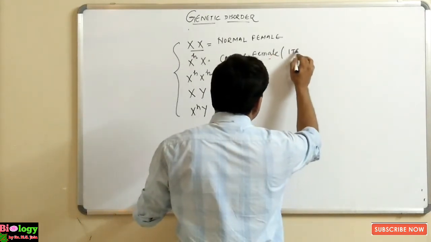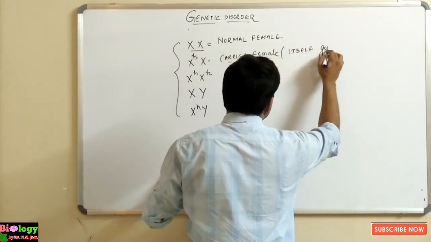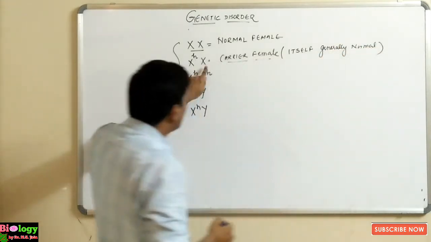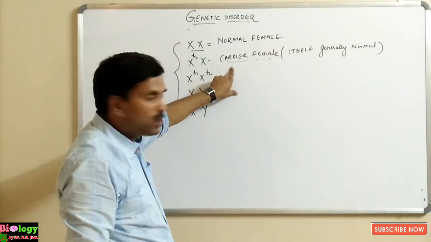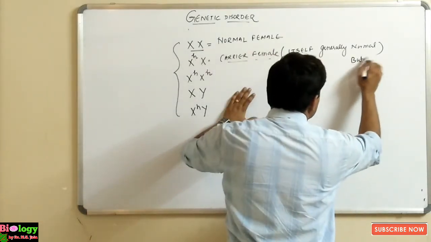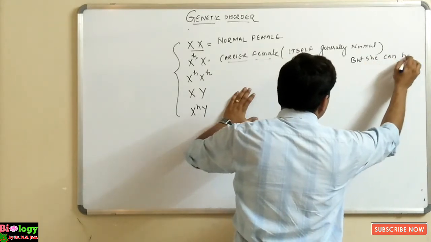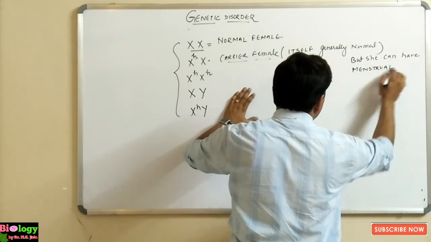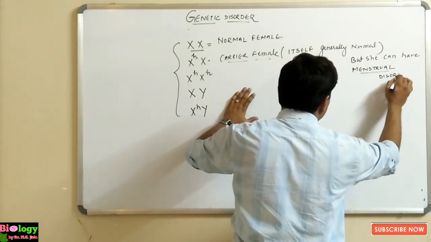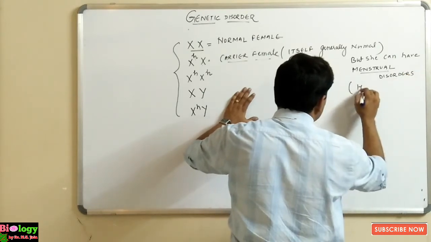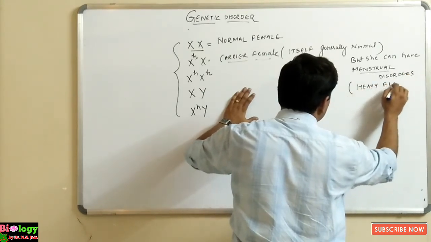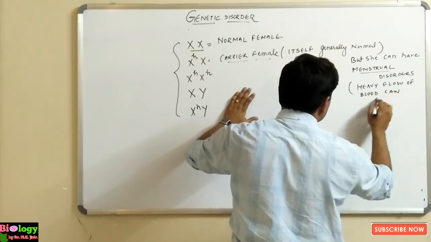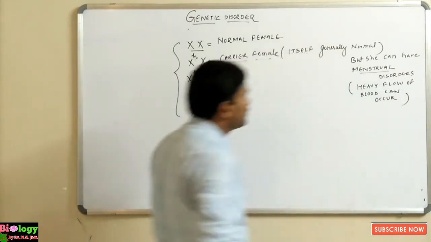A carrier female is herself generally normal, but she can have menstrual disorders, that is, heavy flow of blood can occur during menstruation.